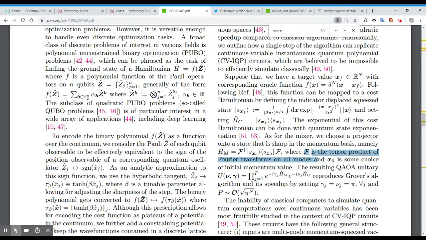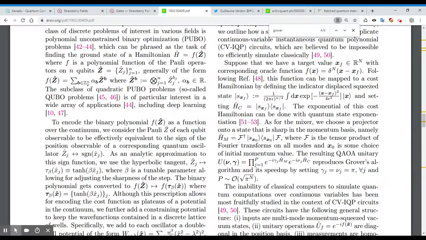That's a product of Fourier transforms on all modes, and x0 is some choice of initial momentum value. The resulting unitary is this. It reproduces Grover's algorithm and its speed up by setting the angles to pi.